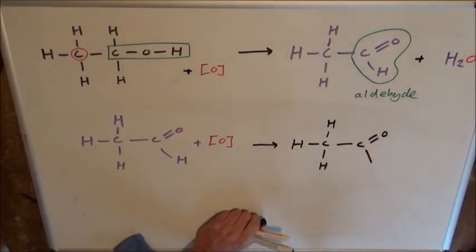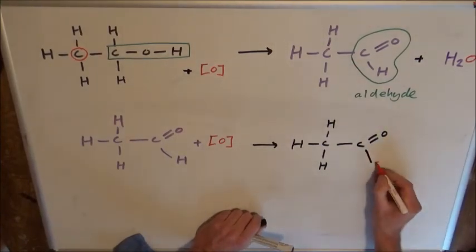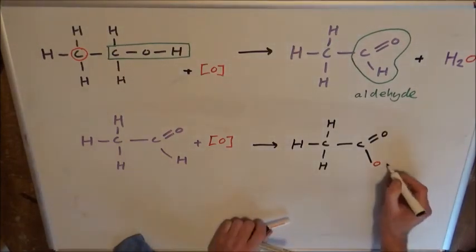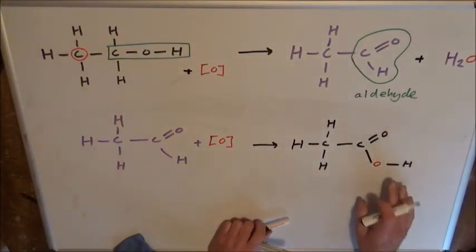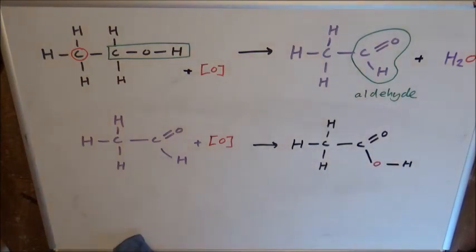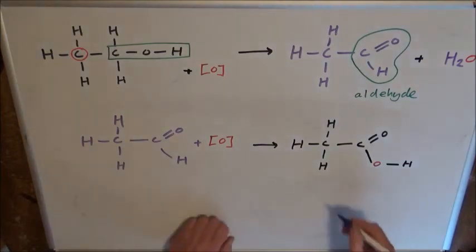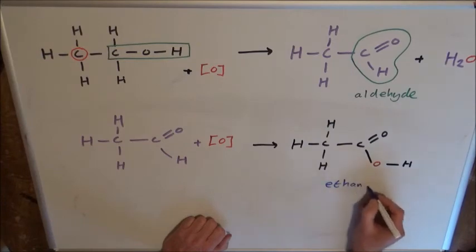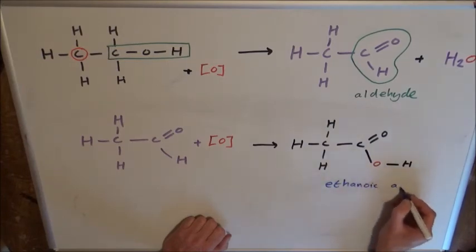We come down to here and we're putting an oxygen atom in here, and we have the hydrogen here. So that's now a carboxylic acid. In this particular case, of course, it's called ethanoic acid. This is based on ethane, ethanoic acid.